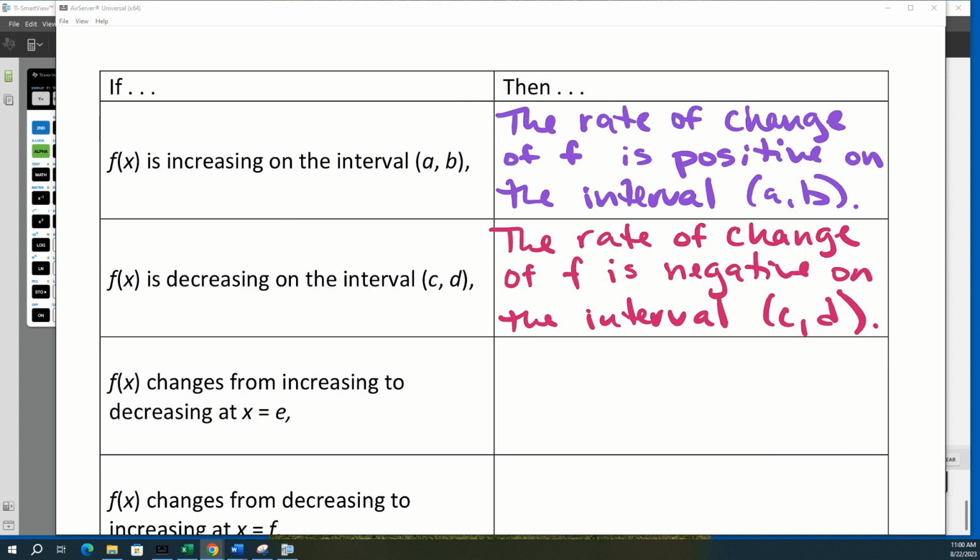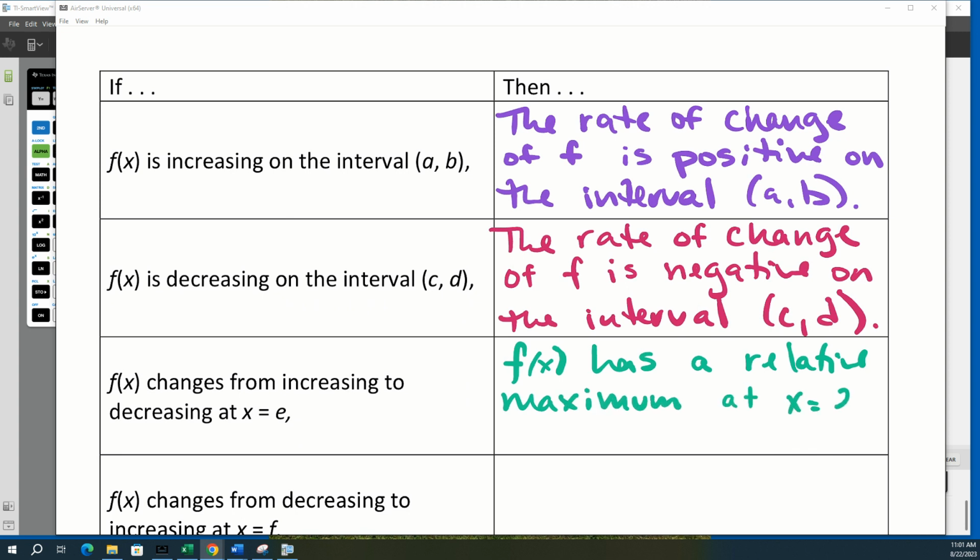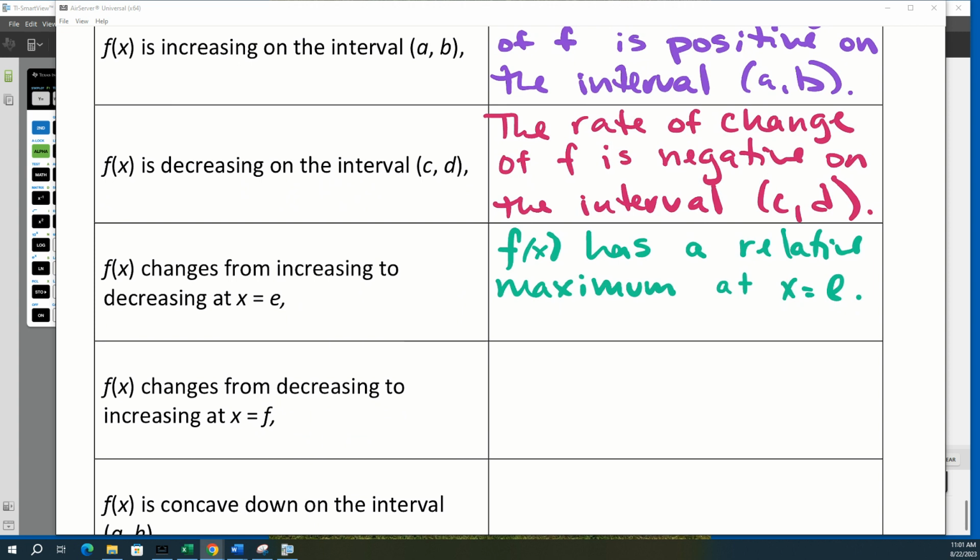So we're going to say f of x has a relative maximum at x equals b. Right? And then this one is kind of the same thing, but f of x is changing from decreasing to increasing. So that's going to be a relative minimum.